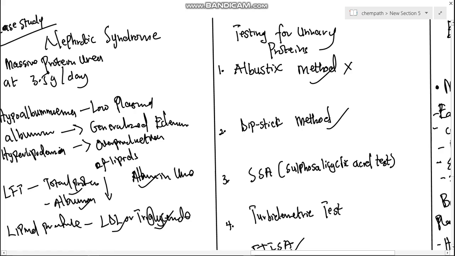For instance, there's a method called the Albutex method. The Albutex method is an old method that is also used to determine the presence of protein in urine. It's just like the dipstick method, but it requires sophisticated reagents and urine samples. But now, in our routine laboratory, we use the dipstick method. The dipstick has specific reagents, with a column that is responsible only for detection of proteins.